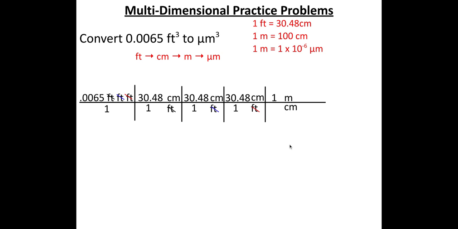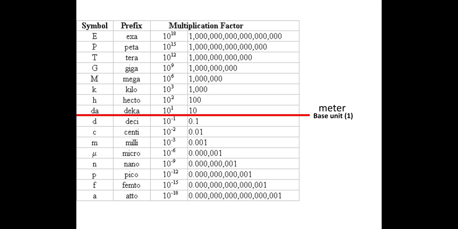We're left with centimeter. Now we convert centimeter into meter because we know that 1 meter is equal to 100 centimeter. So again, I'll bring that three times so that I make sure all the centimeter are cancelled out and are being converted to meter. Now I want to remember that micro, as you can see right here, means 10 to the negative 6, right? So micrometer means 10 to the negative 6 meter.